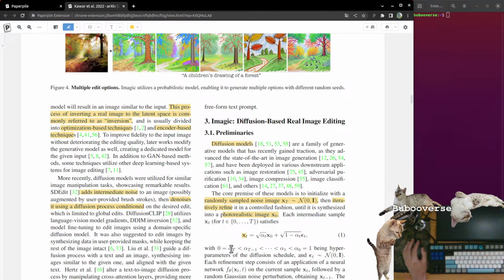So alpha t starts very small and then slowly goes to 1. Okay, no, this is the opposite. So at time step capital T, at the very end of this diffusion process, alpha t is 0, which means this first term in the equation is going to be 0.